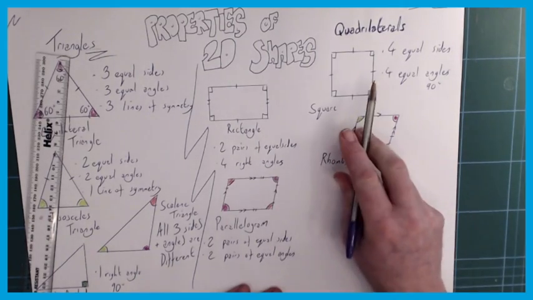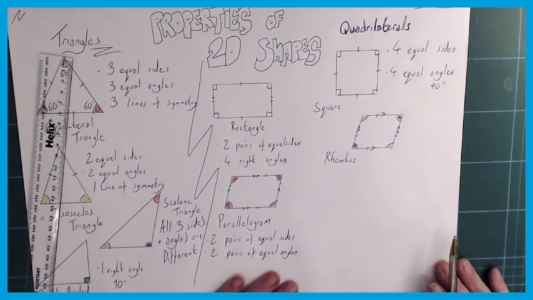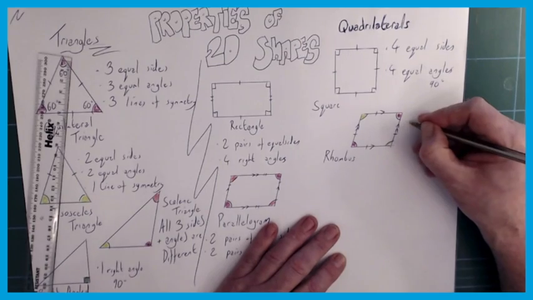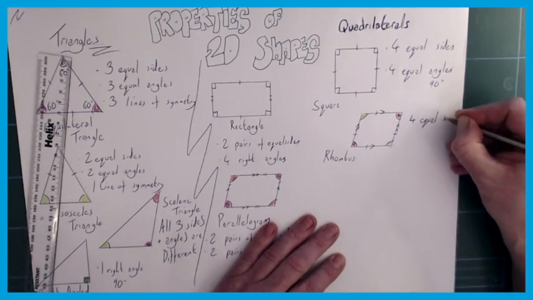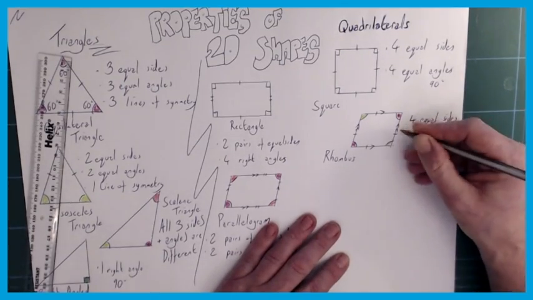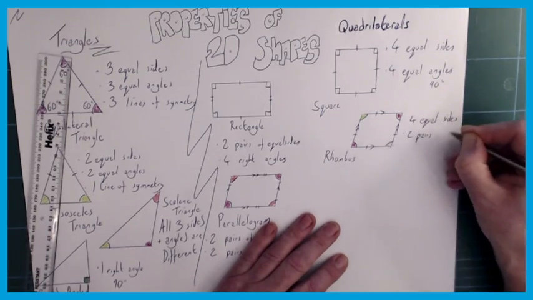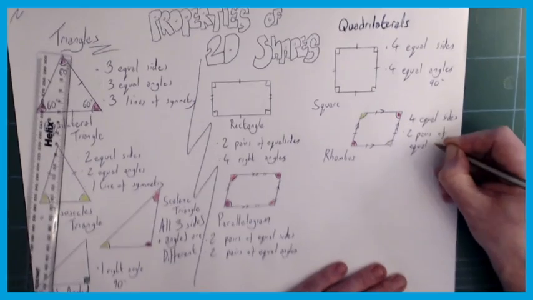As a square is a special type of rectangle, a rhombus is a special type of parallelogram in that all the sides are equal. So we've got 4 equal sides, and we've got 2 pairs of equal angles.